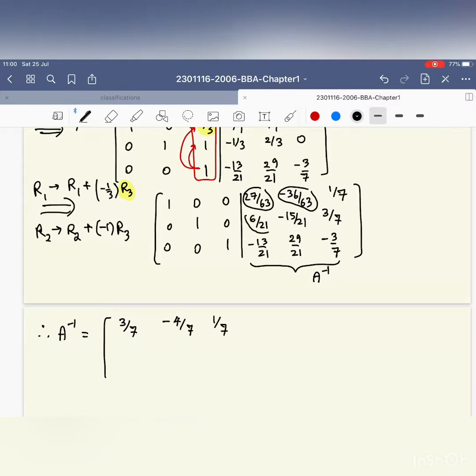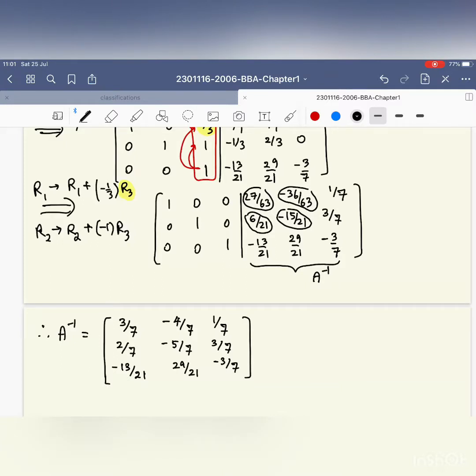This one can simplify by 3, so it is 2 over 7. This one also by 3, so it is negative 5 over 7. Here is already simplified. And the last row cannot be further simplified, then you just keep it like that. So this is your A inverse.